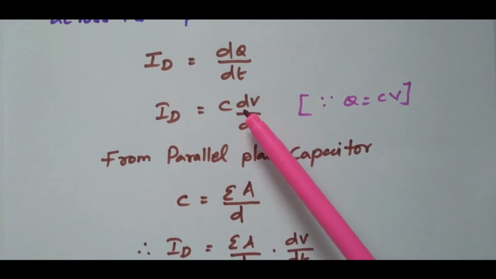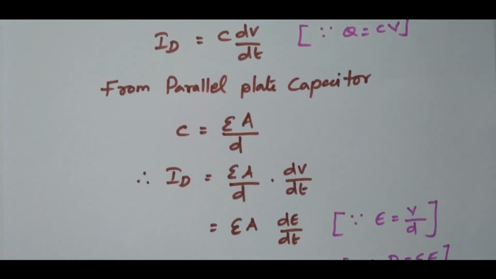From parallel plate capacitor, the capacitor expression is C equal to epsilon A divided by D. A is nothing but area, D is the distance between the plates, epsilon is the permittivity. So now we will replace this C with epsilon A by D, so that ID equal to epsilon A divided by D into dV by dt.